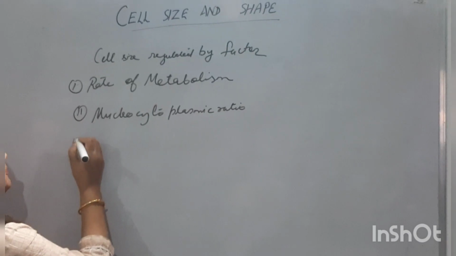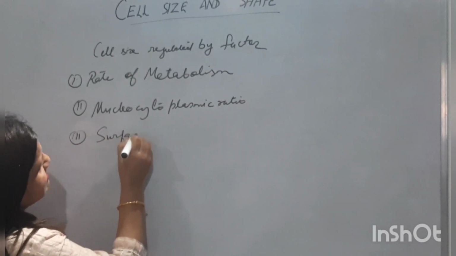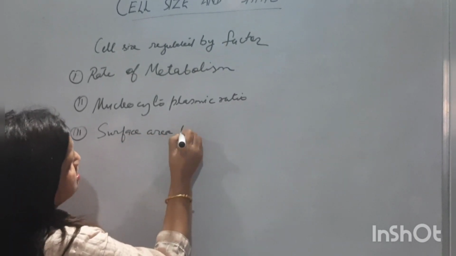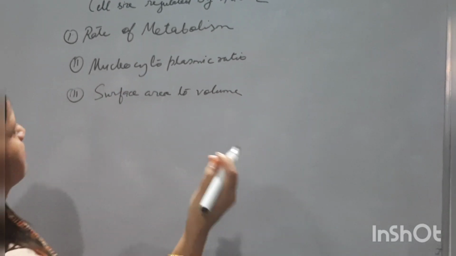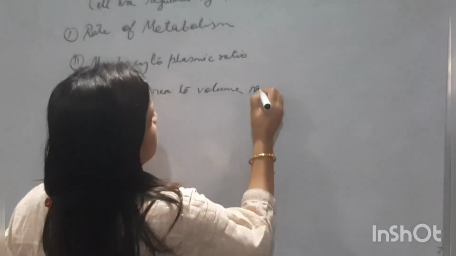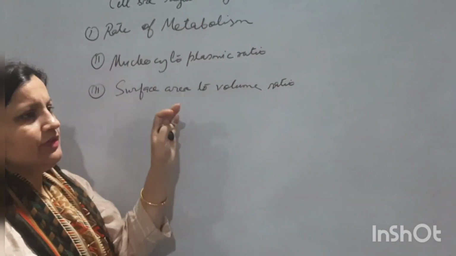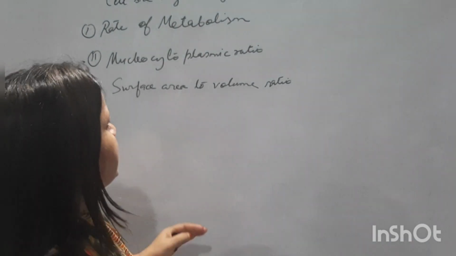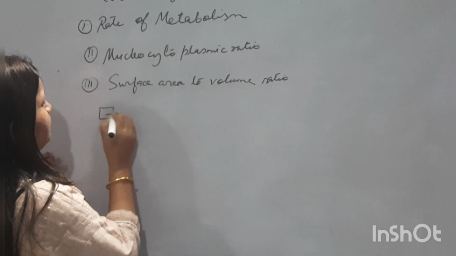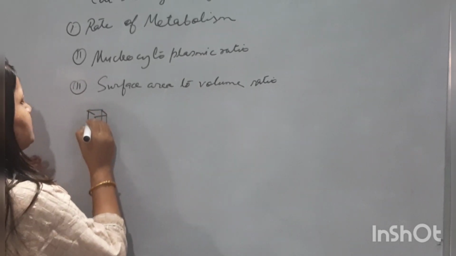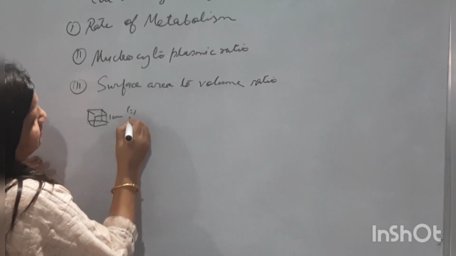And third main is surface area to volume ratio. It is also regulated by cell size. Surface area to volume ratio is very important, and I can take an example to make you understand. For example, this is a cube with 1 centimeter length, breadth and height.